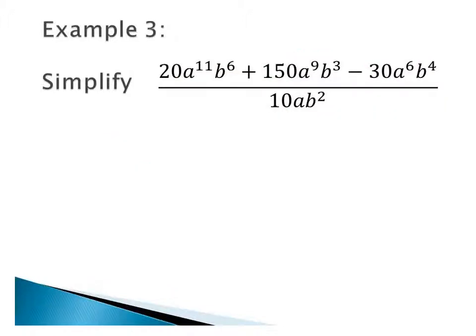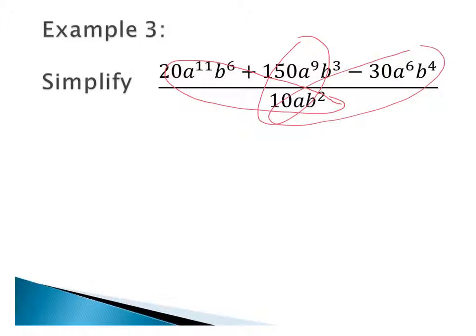Okay, our third example. Again, a little larger than the second, but we follow the same process. So here we want to simplify 20a to the 11th b to the 6th, plus 150a to the 9th b to the 3rd, minus 30a to the 6th b to the 4th, all divided by 10ab squared. So we'll follow a similar process. We have 3 terms in the numerator, so this time we're going to break this up into 3 fractions.